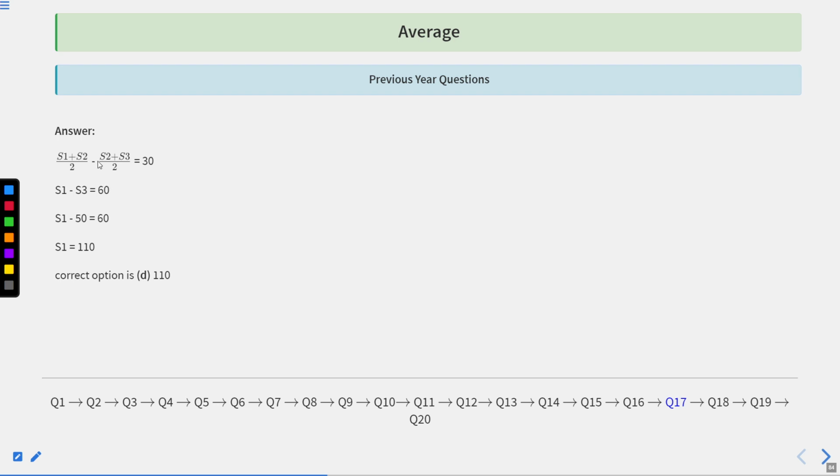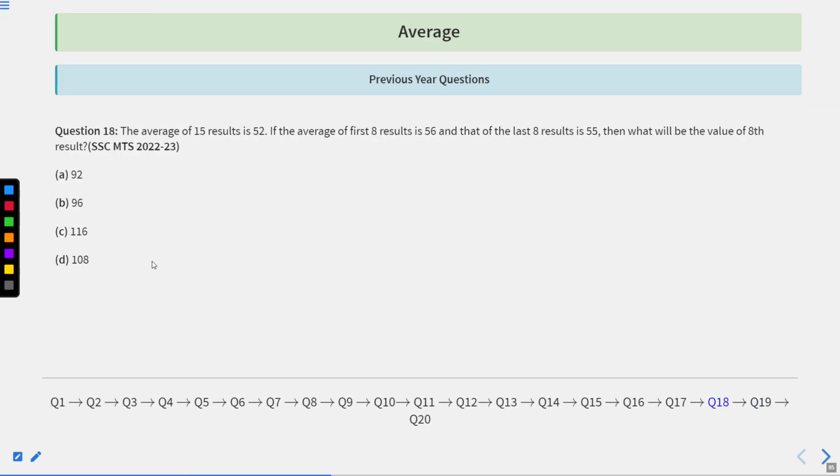So it is given that (S1 plus S2) upon 2 minus (S2 plus S3) upon 2 equals 30. So this information is given to us. And also S1 minus S3 is 60. So S1 minus 50 will be 60. So S1 will be 110. So the correct option here will be option D, 110.